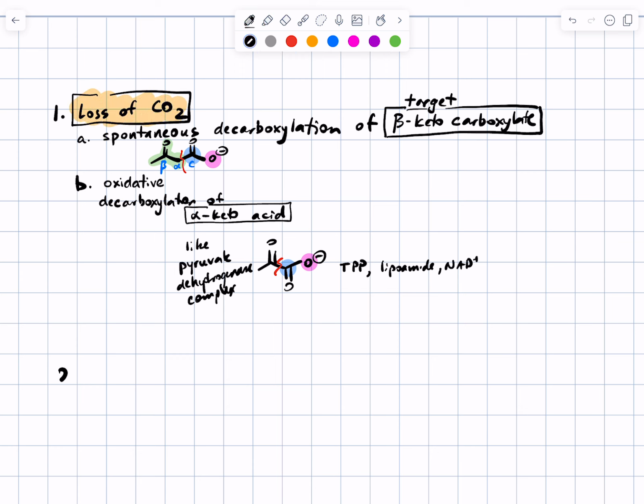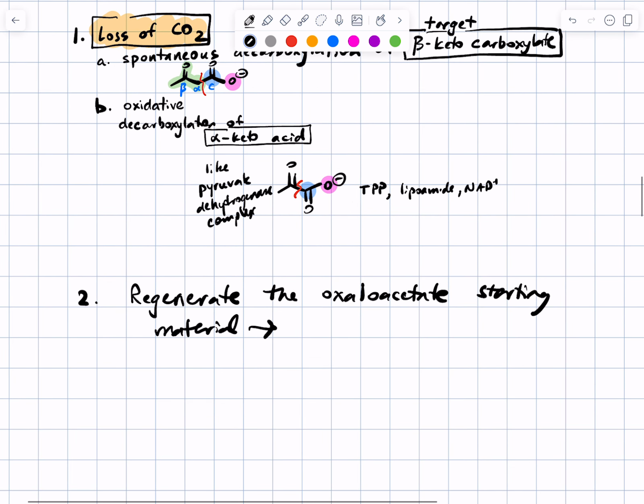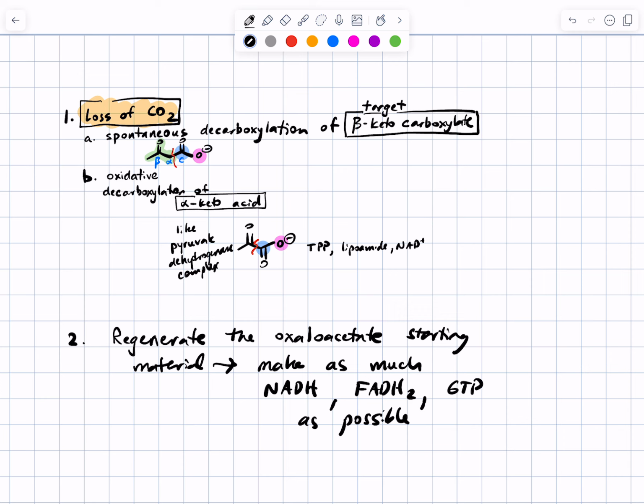Once we've done that, goal number two is going to be to regenerate the oxaloacetate starting material, and along the way, our goal is to make as much NADH, FADH2, and GTP as possible. Those are the two overarching goals of the process.